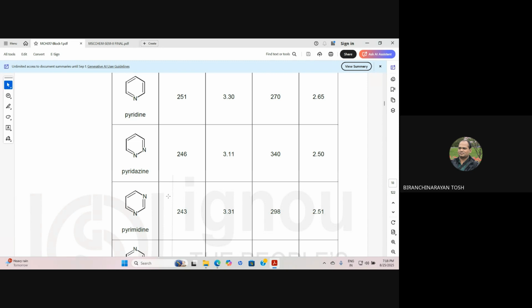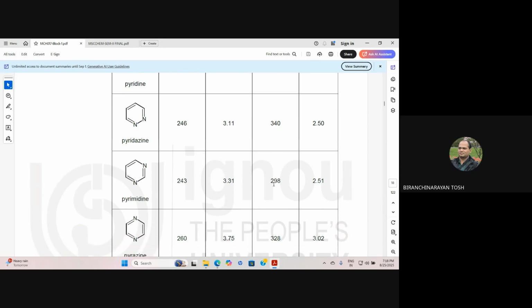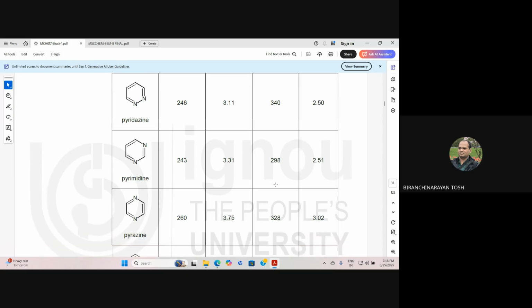If it is the 1-2 position, the n to pi star transition is at 340. If it is 1-3, as in the case of pyrimidine, it again decreases to 298. If it is 1-4, again due to the conjugation, the lambda max value of the n to pi star transition increases.